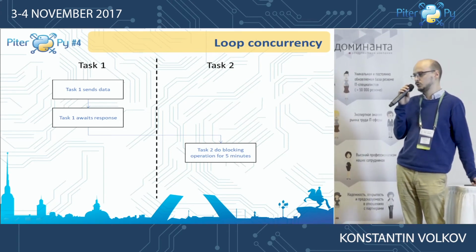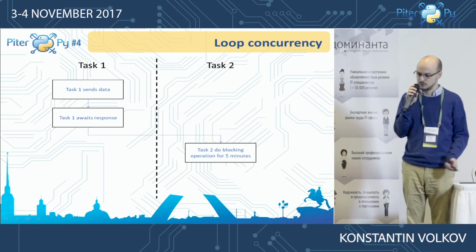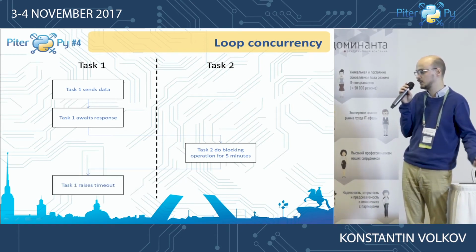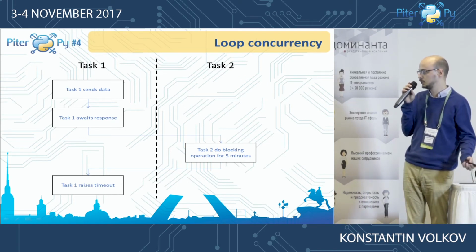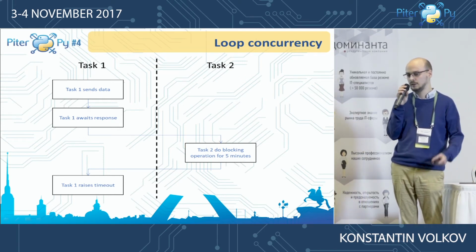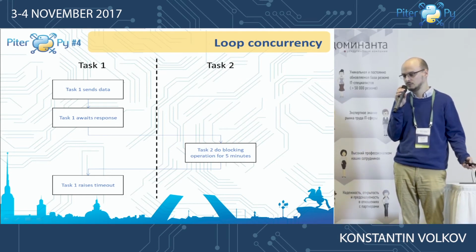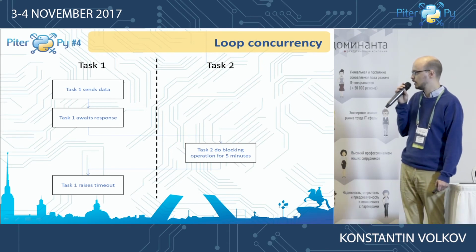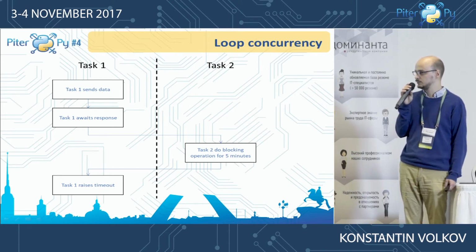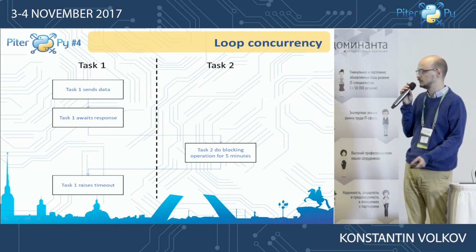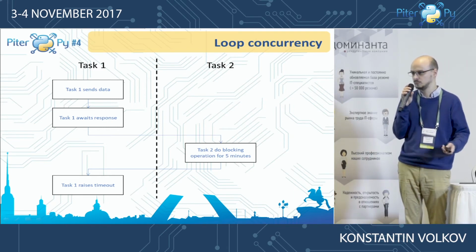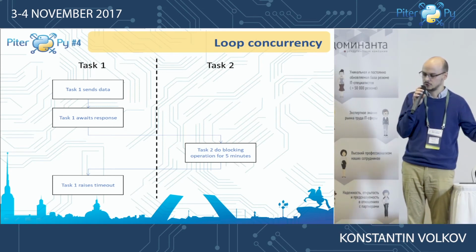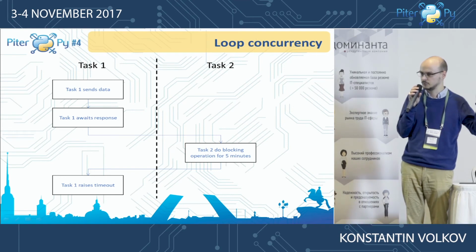The sys loop was blocked without anything happening there. 5 minutes later, task 2 returned the control loop, gave it back to task 1, and task 1 discovered that 5 minutes had passed since the loss of control. And then task 1 said, okay, I'm having a timeout, even though the data were there in the buffer. But task 1 saw a timeout, and everything was gone.